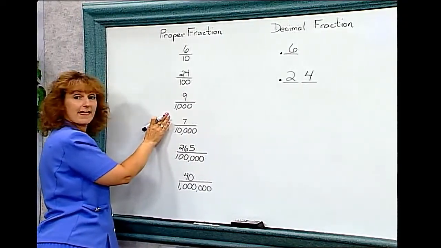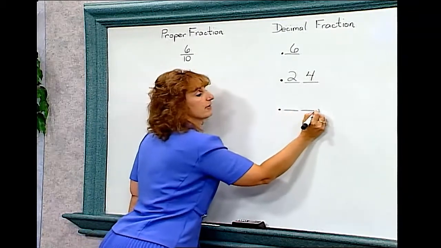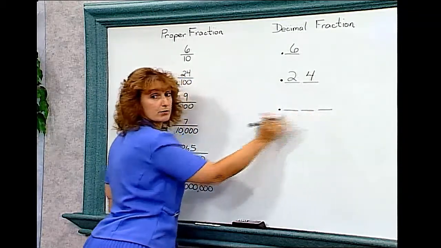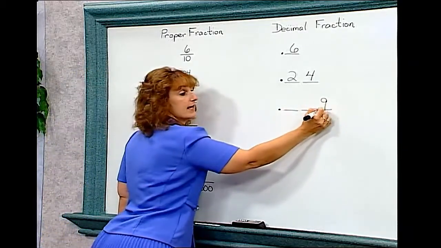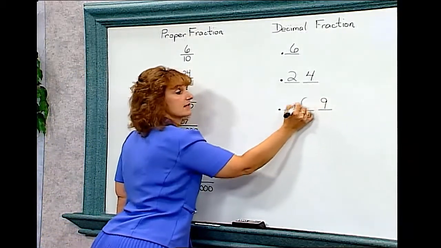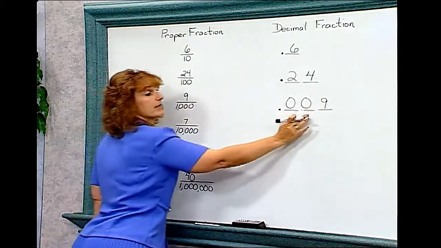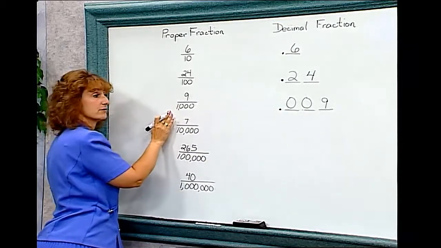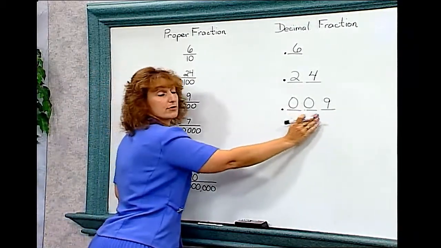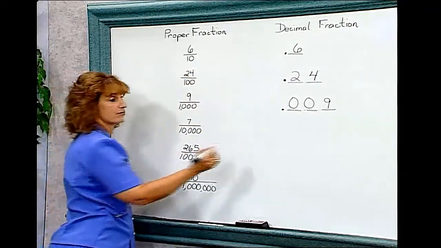9,000ths. 1,000 has 3 zeros, so we will need 3 places after the decimal point. We put the 9 on the end since it's 9,000ths, and we use placeholder zeros. We need 3 places for these 3 zeros. So 9 1,000ths is 0.009. 7 10,000ths.